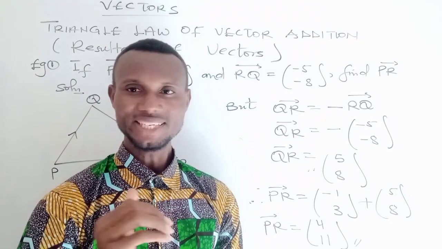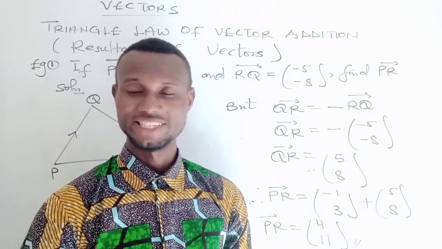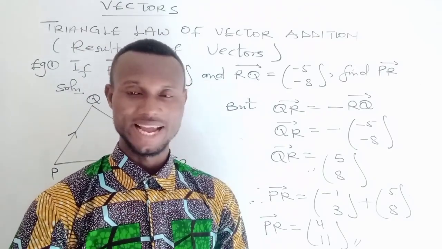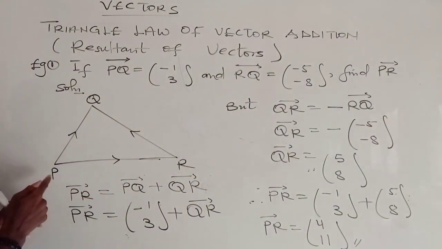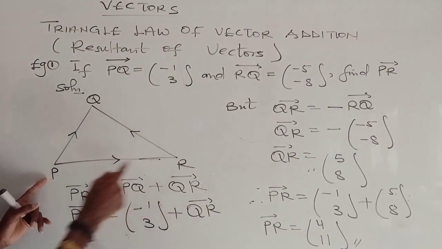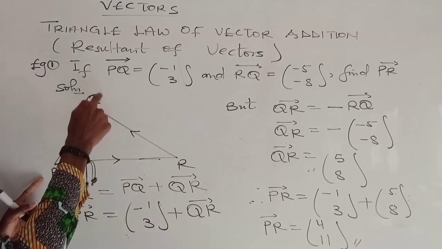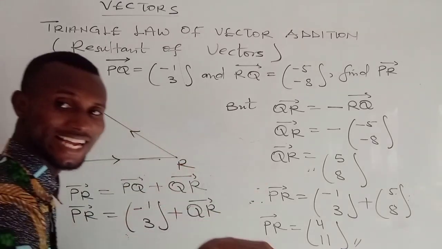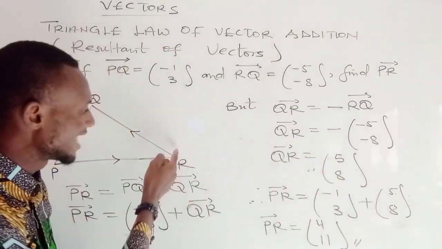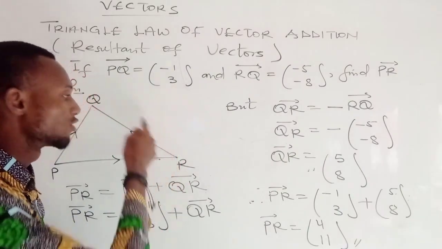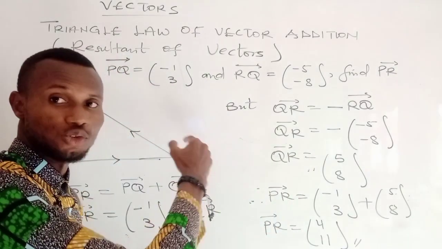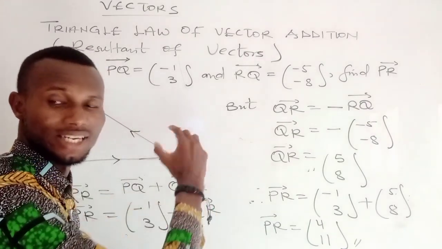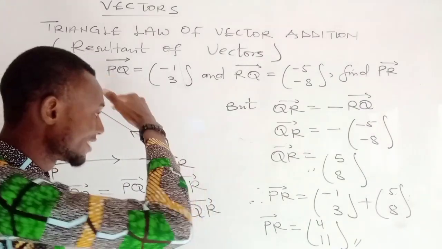Okay, now let me just do a little explanation before I end the video. Look at something. You know that to get the PR is supposed to be PQ plus QR. But here is the case from the question. We're given RQ, meaning that we are moving from R to Q. So we need to do something to this side of the triangle so that we can change the direction of this side of the triangle.